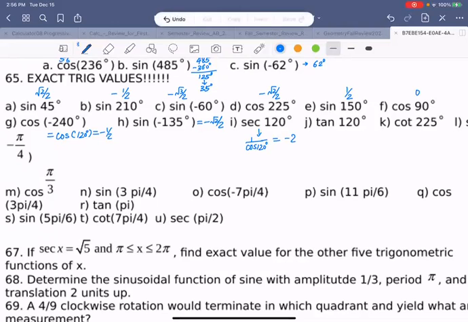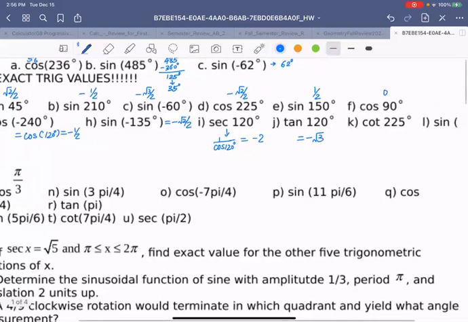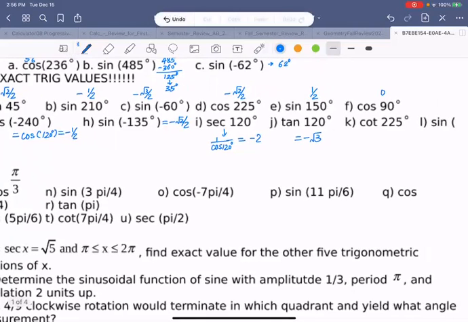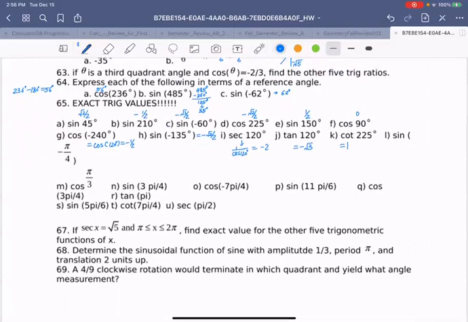Tangent 120 is negative square root 3. Cotangent 225 is equal to 1. Last one, sine negative pi over 4 is negative square root 2 over 2.